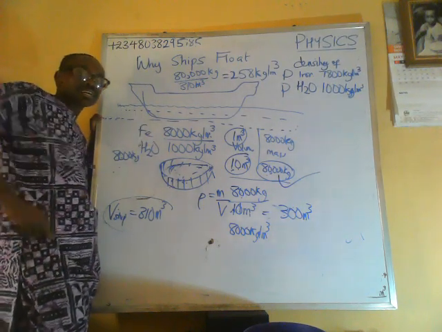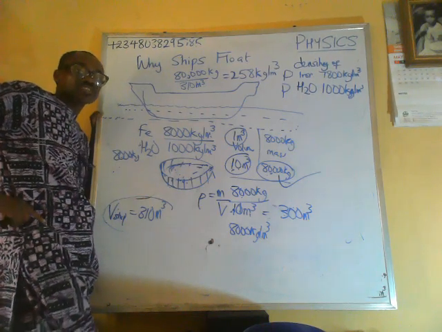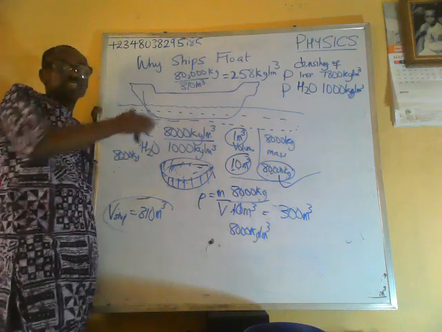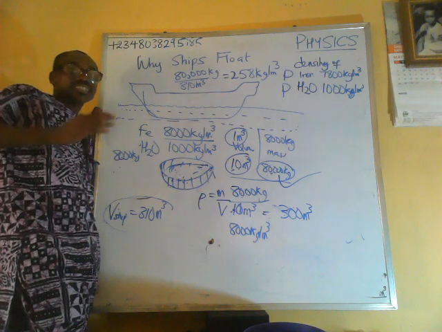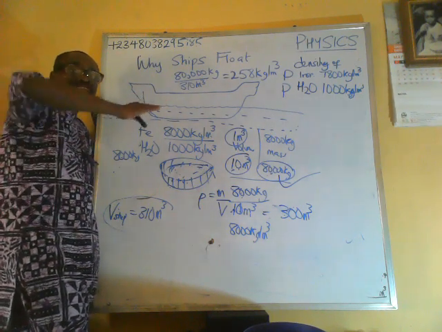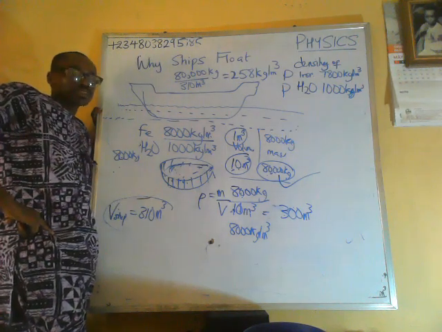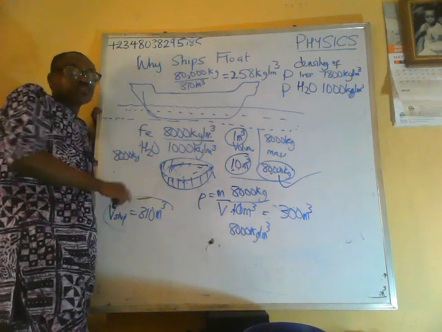This is the reason why the ship can float in water: it is designed in such a way that it can displace a high volume of water before it becomes submerged, and the average density of the ship is lower than the density of water.